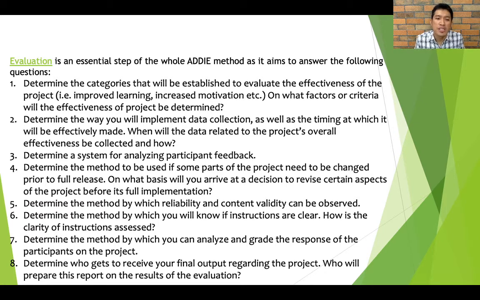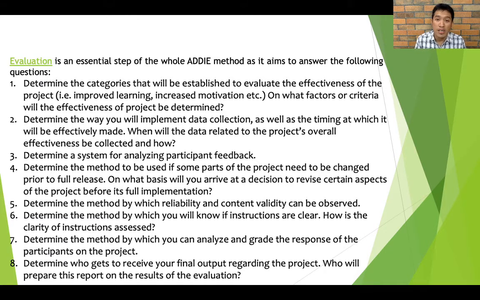Then the next will be determining a system for analyzing participant feedback. How about the system? Then determine the method to be used if some part of the project need to be changed. Then next we have to determine the method by which reliability and content validity can be observed.